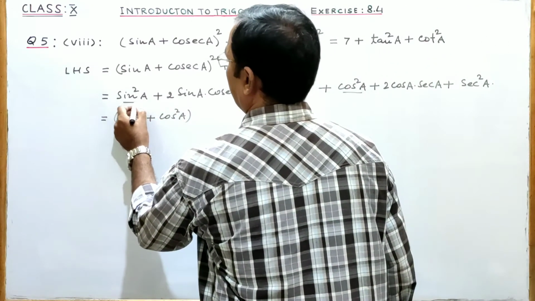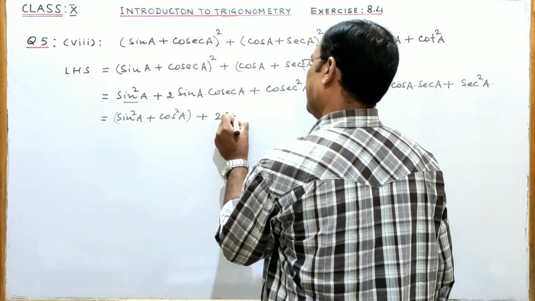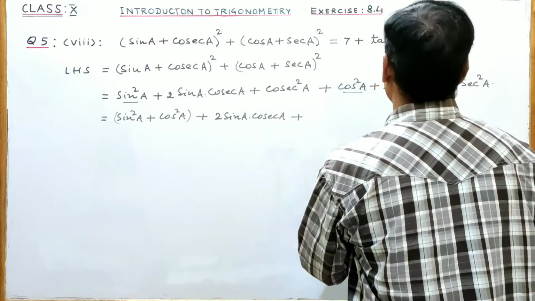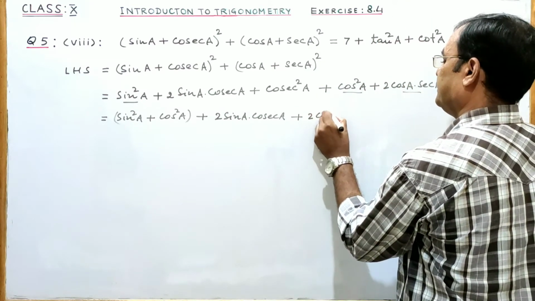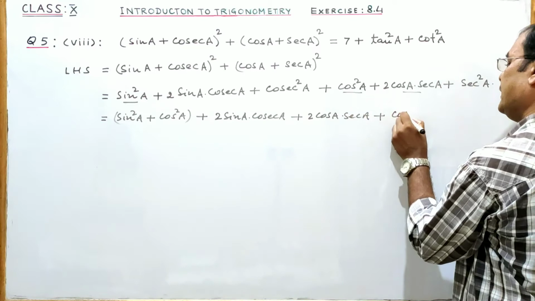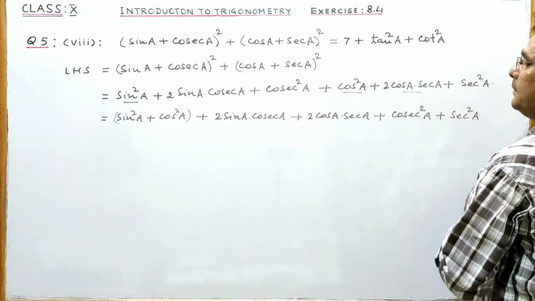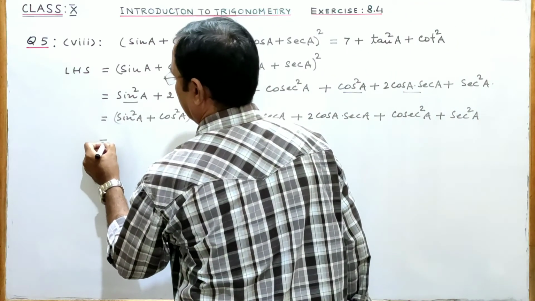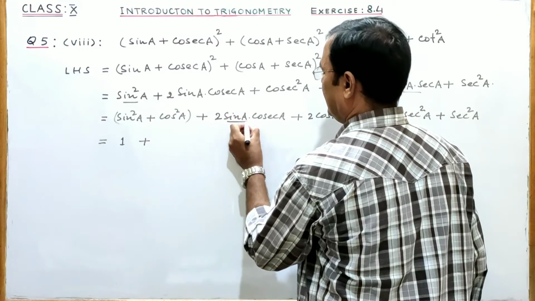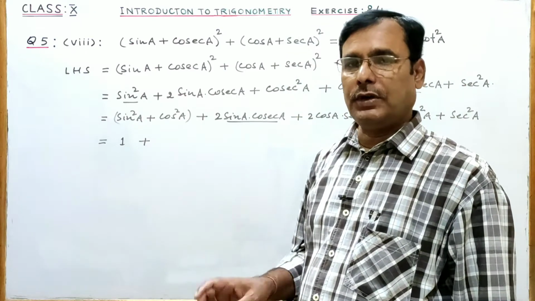Sin square A plus cos square A plus 2 sin A cosec A plus 2 cos A into sec A plus cosec square A plus sec square A. This sin square A plus cos square A is 1, plus sin A into cosec A is also equal to 1 because sin and cosec are reciprocal of each other.